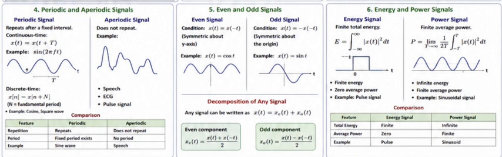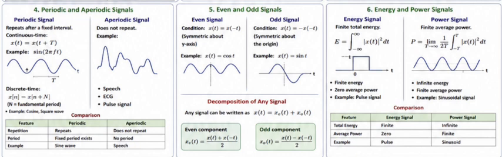So talking about the even and odd signal. Any signal, if it is shifted in terms of time, and the signal remains the same even after time reversal, is what I call an even signal. After time reversal, if the signal characteristics change, then I can call it an odd signal.